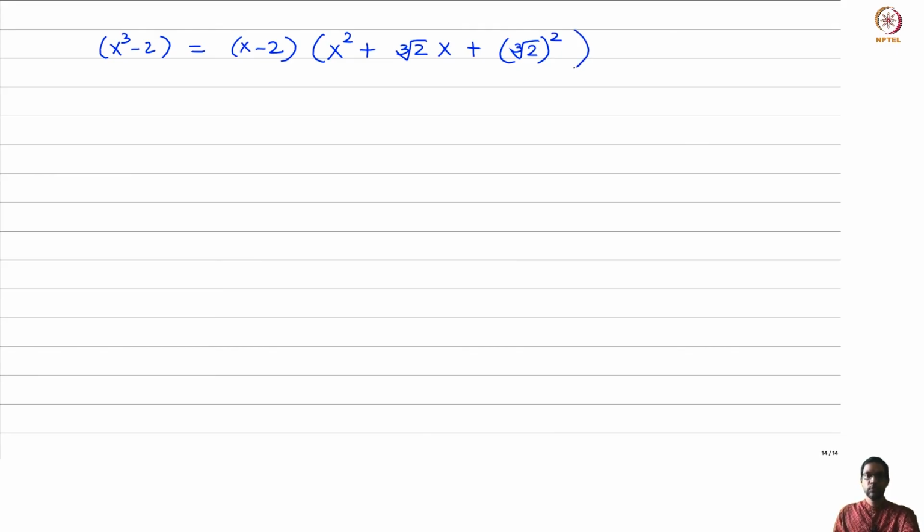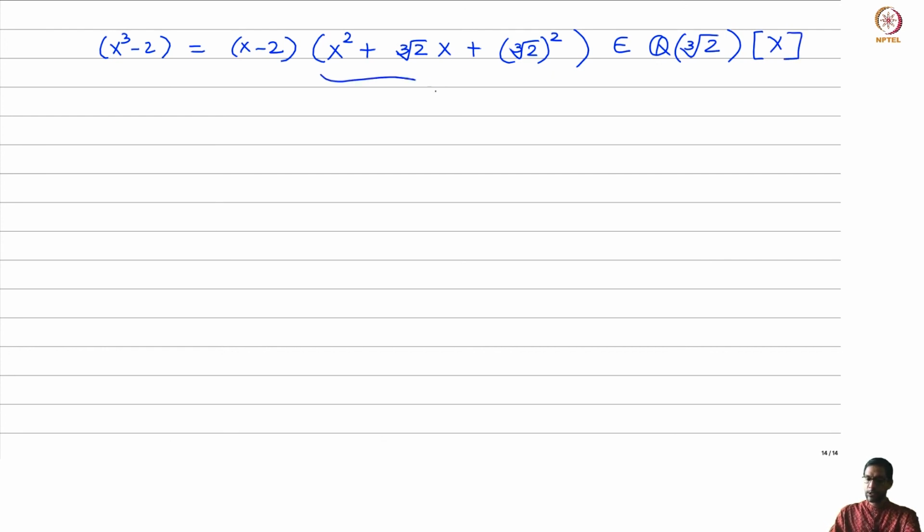Now for the second one, we need to check that it's a degree 2 extension, and again it's just a question of figuring out what the minimal polynomial looks like. Observe that x^3 - 2 can be factorized as follows: (x - cube root of 2) times (x^2 + cube root of 2 x + (cube root of 2)^2). This is a factorization with coefficients coming from the field Q(cube root of 2).